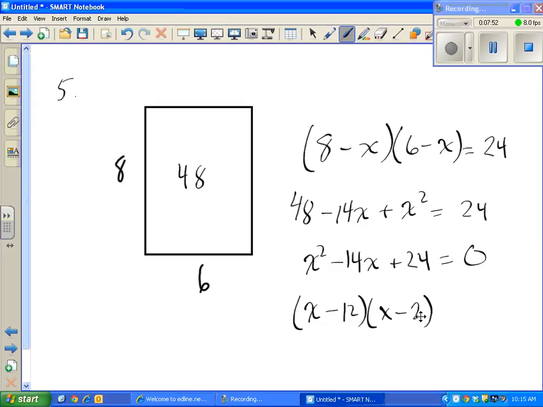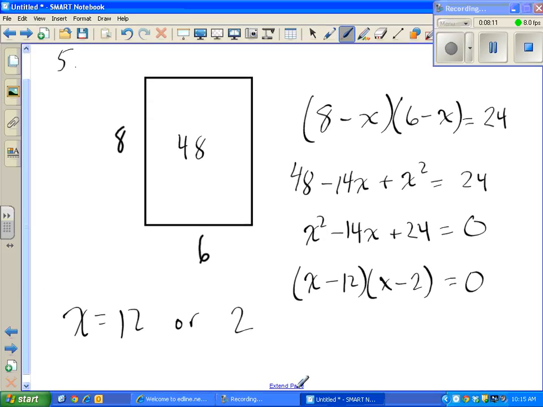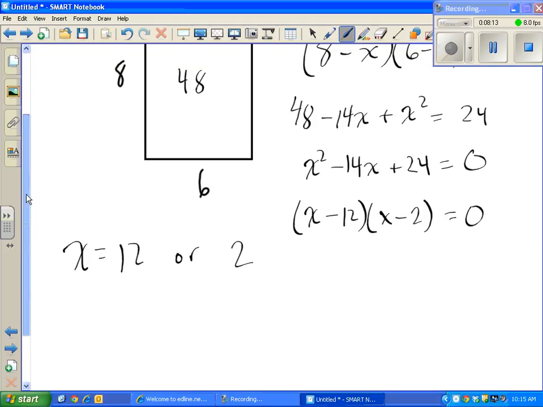Those two numbers do multiply up to 24. Those two numbers do add up to negative 14. So our two answers are possibly x equals 12 or x equals 2, because we set each of these equal to 0 and solve.